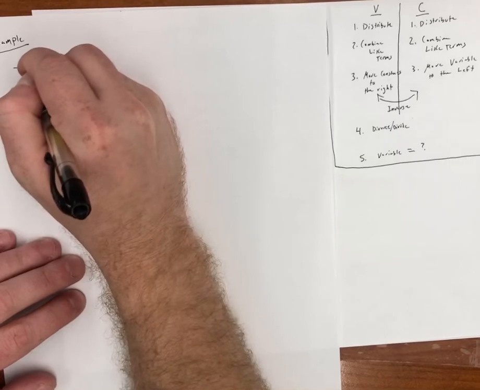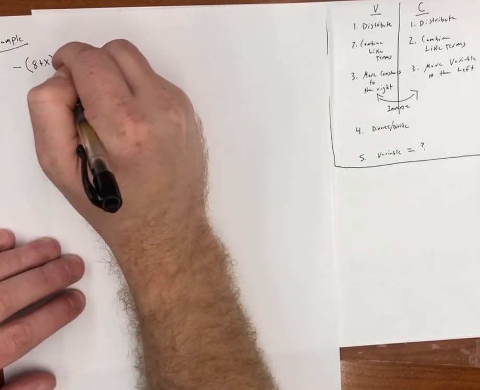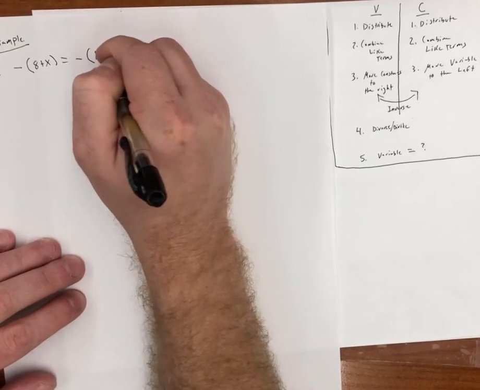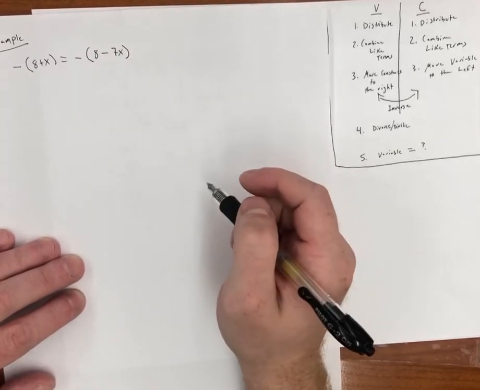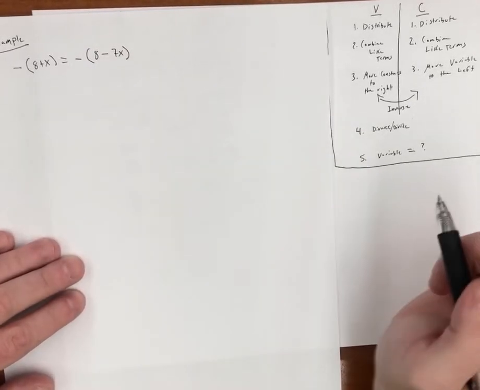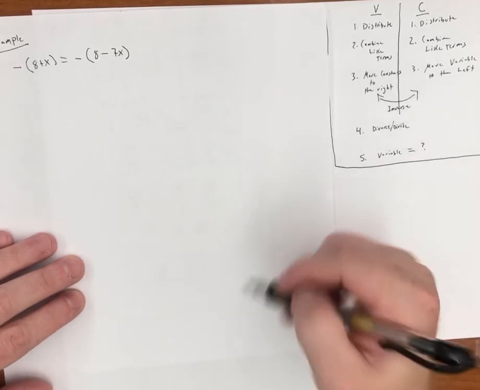I'm going to go ahead and give this to you. So it's negative parentheses 8 plus x is equal to negative 8 minus 7x in parentheses. Okay, please go ahead and try to do this problem on your own. Pause the video, and then we will come back together to do this again.